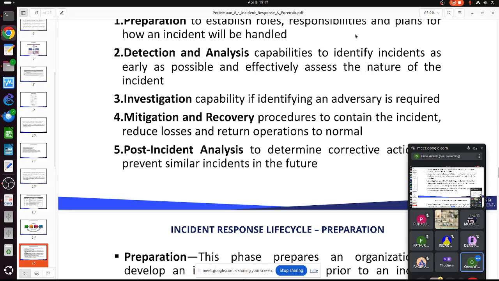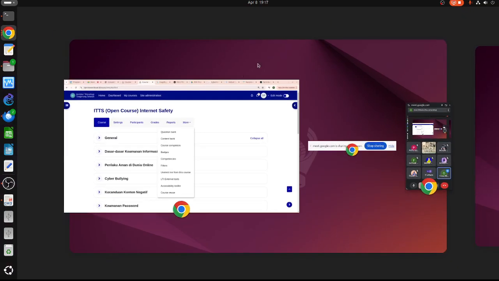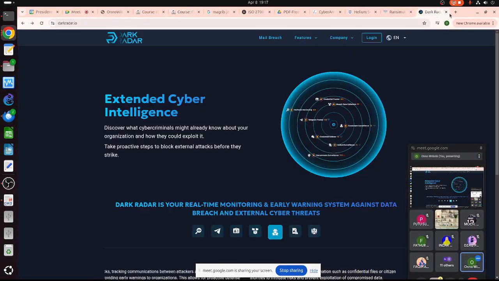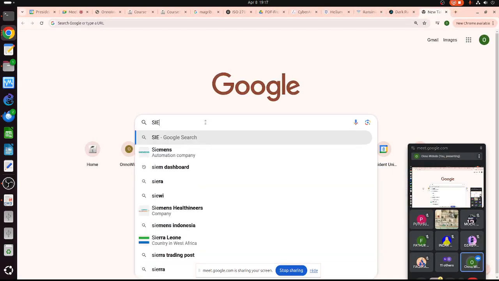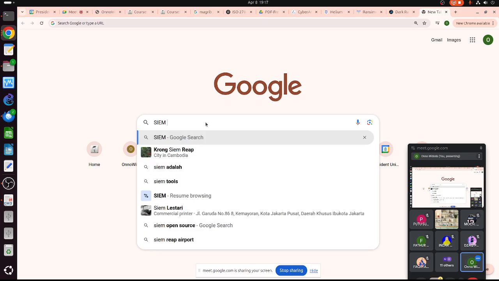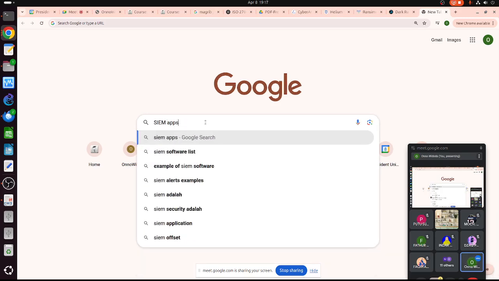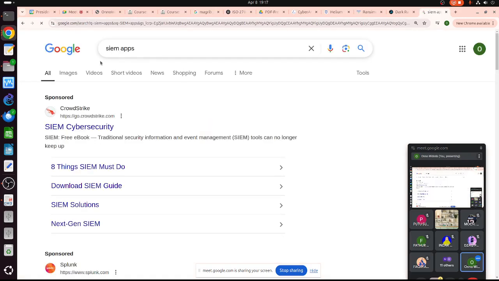We call it, sometimes we, let me see. Okay. So we can install an application, something like a SIEM, security SIEM apps.